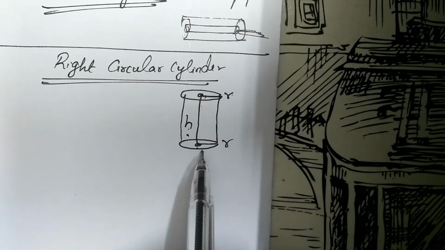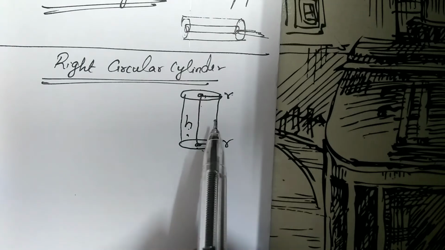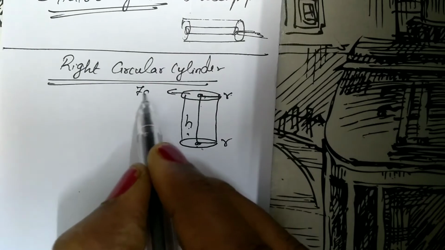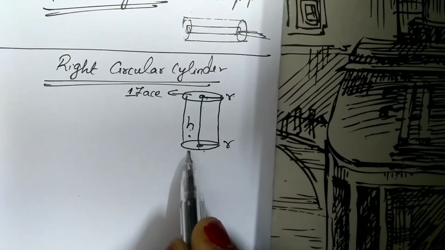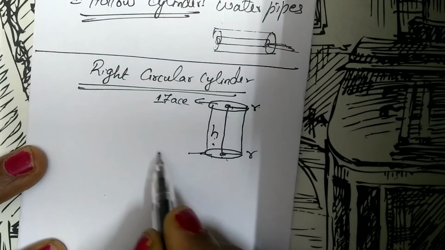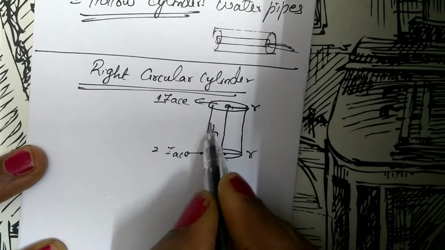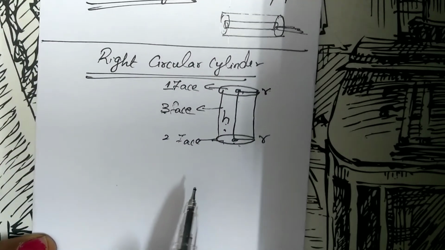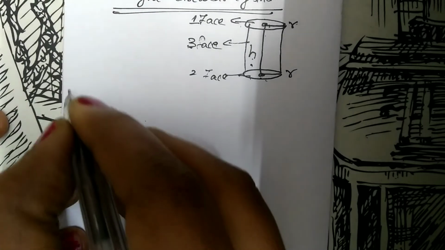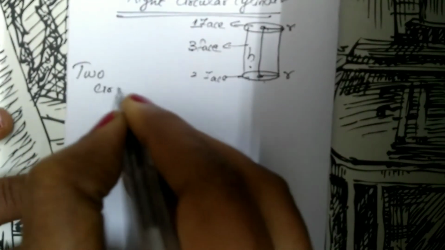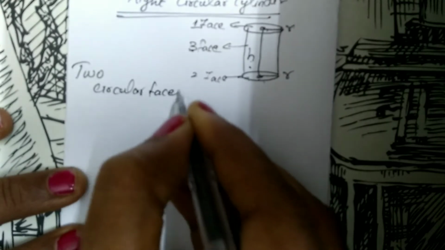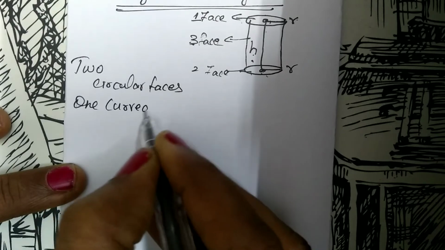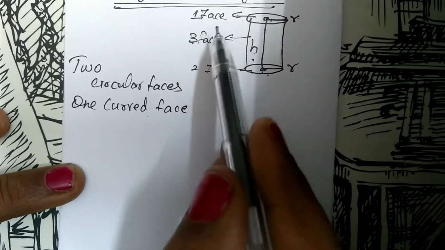Now, in this right circular cylinder, we can see we have three faces. This is one face, this is the second face, and this part we call the third face. So in a right circular cylinder we have two circular faces and one curved face, so totally three faces.